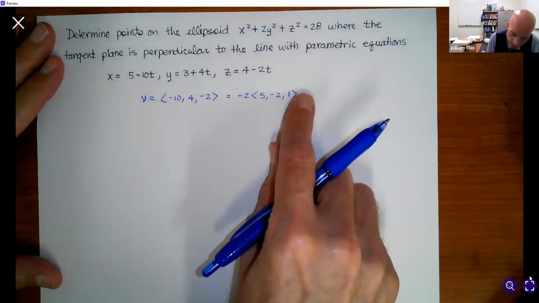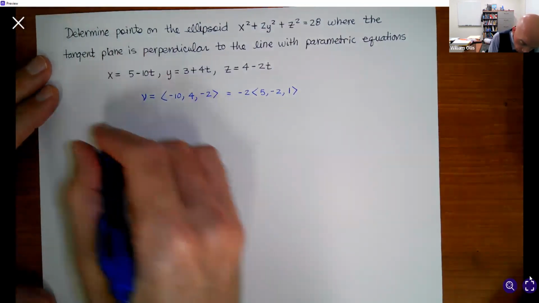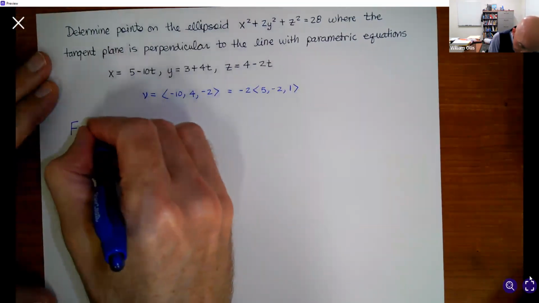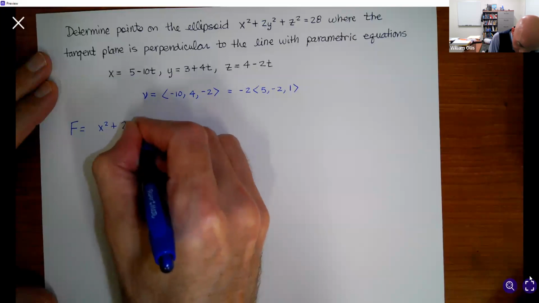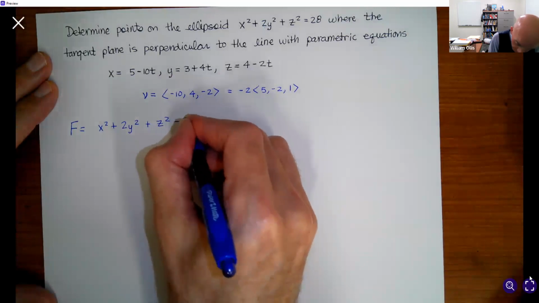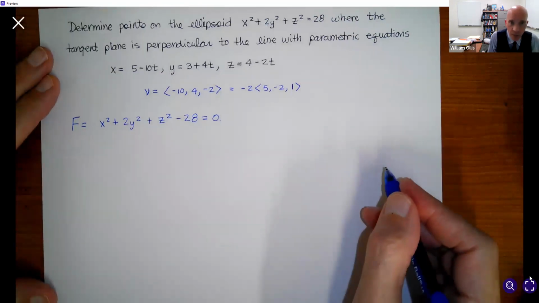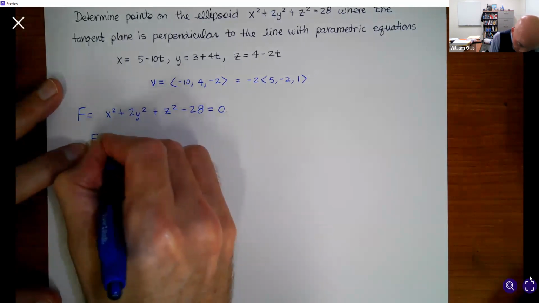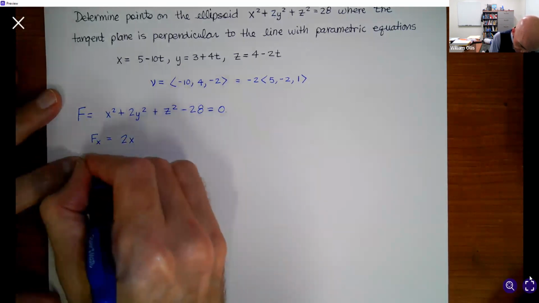Now what we want to do is look at the surface normal. So we will write an implicit equation. We have F equals x squared plus 2y squared plus z squared minus 28. Here is our implicit equation. We need to look at the gradient. The x partial will just give us 2x, very simple.